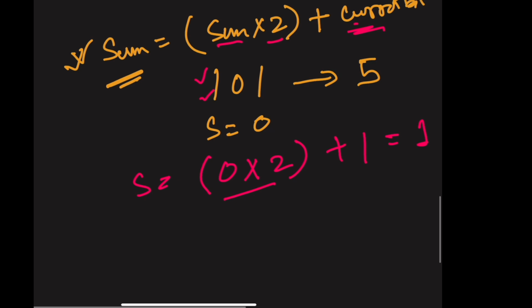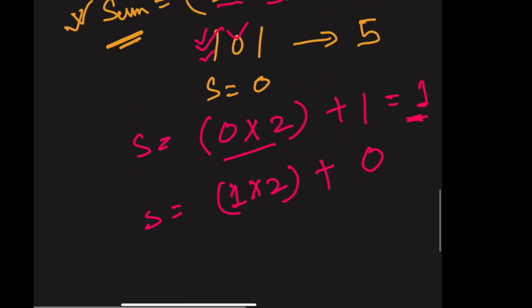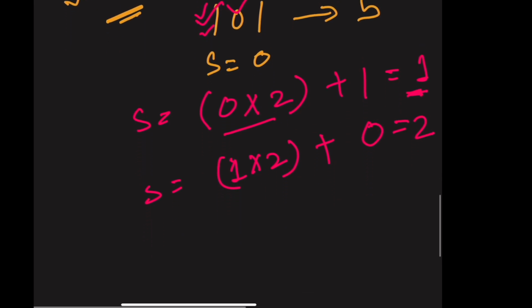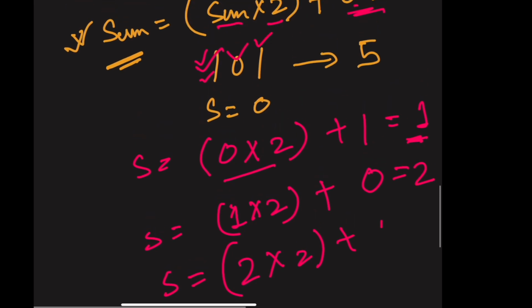Now the new sum will become the existing sum multiplied by 2 plus our bit, which is 0. So 1 multiplied by 2 becomes 2. Now the existing sum is 2, multiplied by 2, and now we'll add this bit 1.